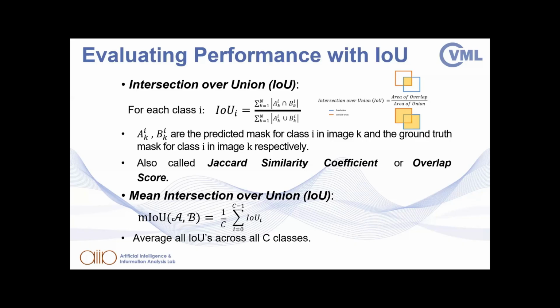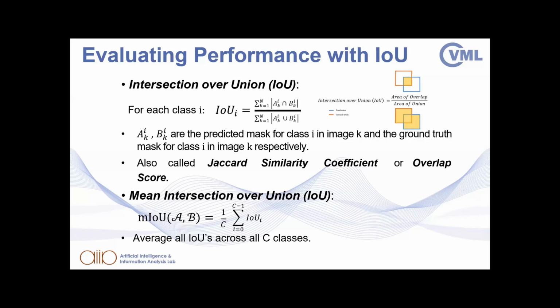The symbols AK and PK in I represent the predicted and ground truth masks for class I in image K, respectively. Also, we can find this metric as Jaccard similarity coefficient or overlap score.